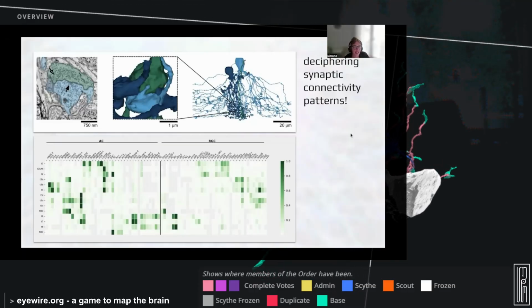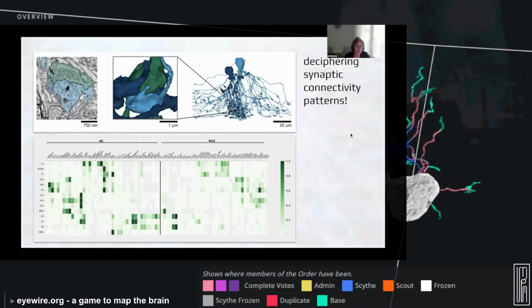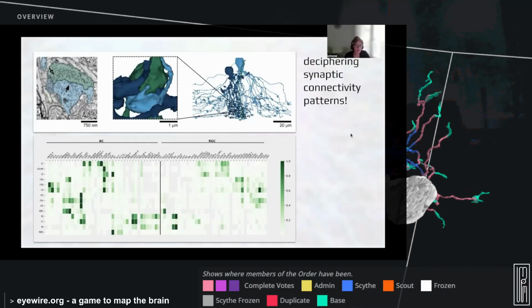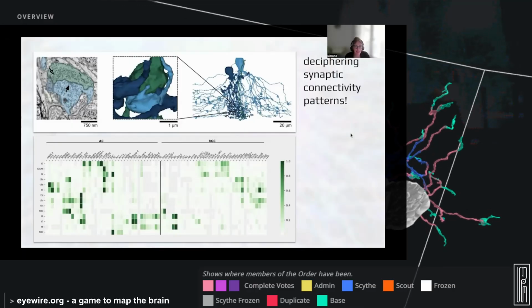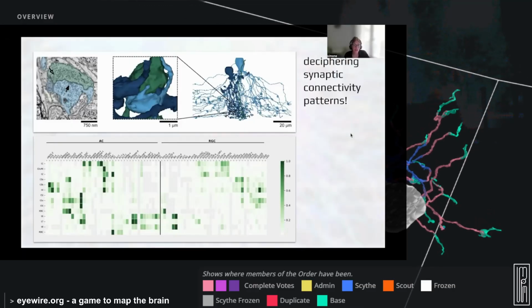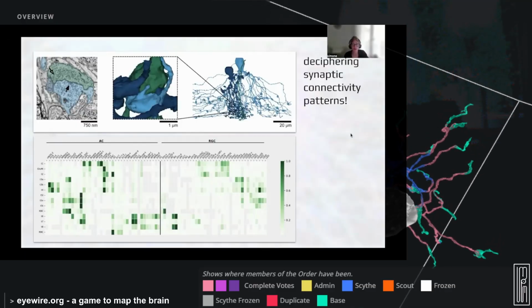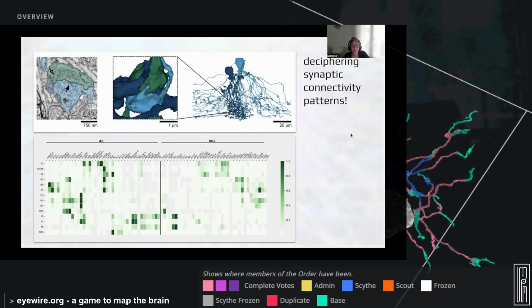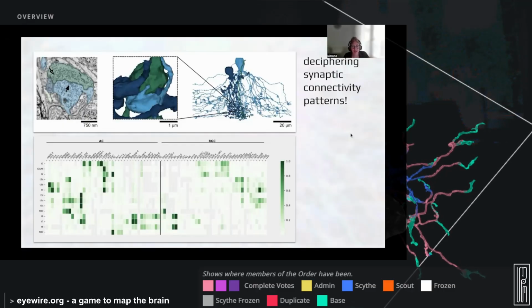Yes, so here on the very left, there is an example of two different types of synapses in the EM image. And then in the middle, you see the 3D reconstruction of that. And with the full cell morphology, we can simply zoom out and we know which cell is talking with which one in the EyeWire 2 data set.